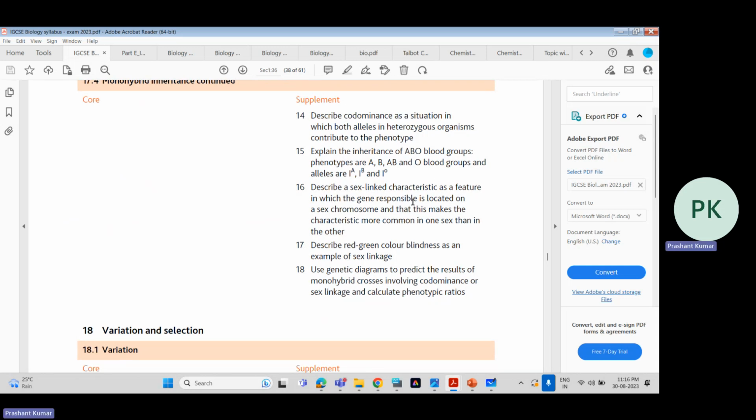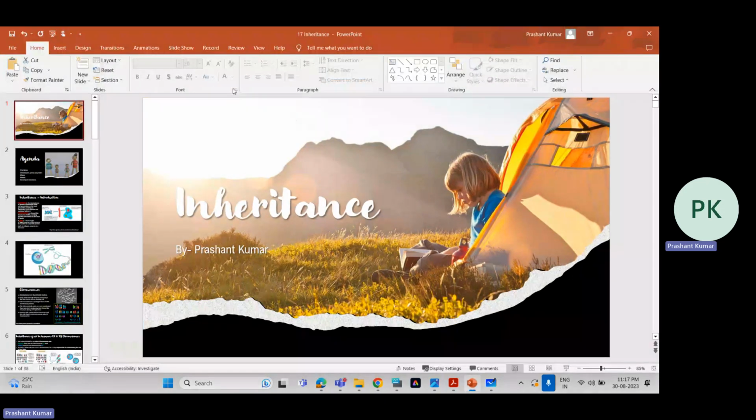Then in sex-linked, we'll talk about colorblindness and use a genetic diagram to predict the results of a monohybrid cross involving codominance and sex-linked disease. So this is pretty much the syllabus we are going to discuss. So without wasting time, let's begin with the topic.